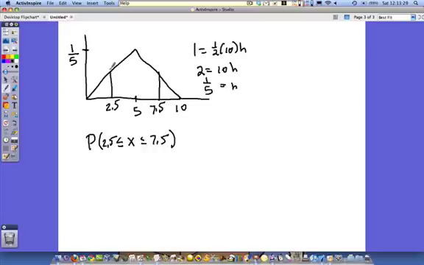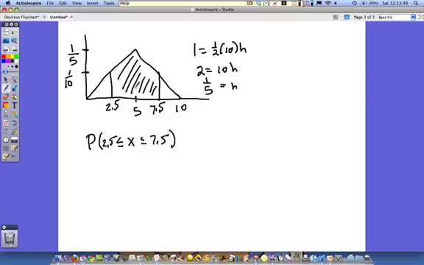That means that the little triangles we're making here have to be half as high as the whole triangle. If we're going halfway across, we're going to go halfway up. So this is going to be half of 1/5, which is 1/10. We're trying to find this area right here.